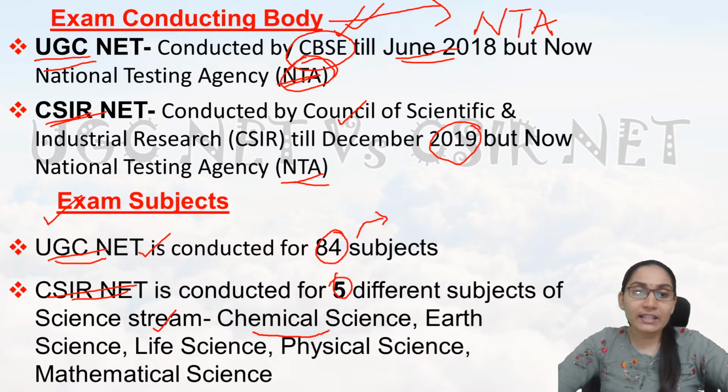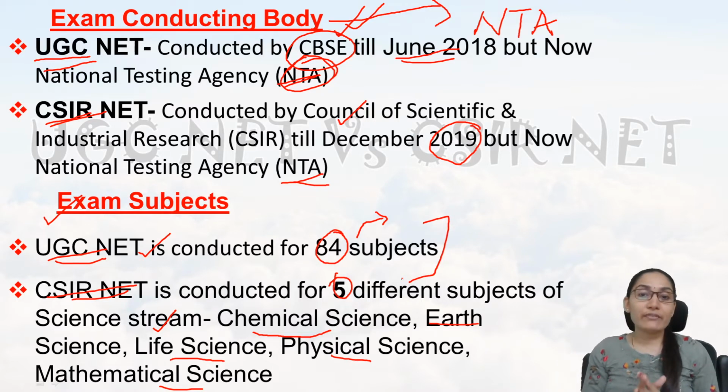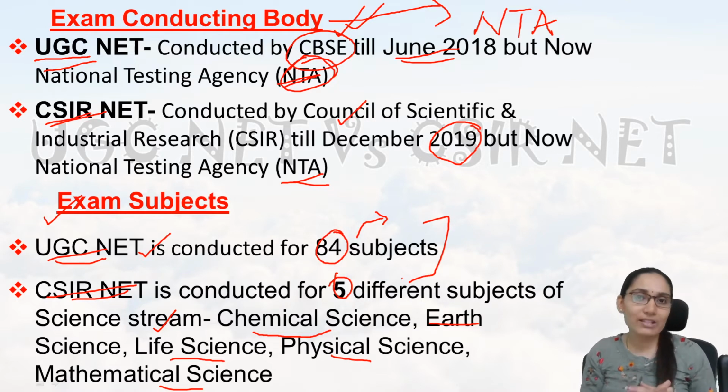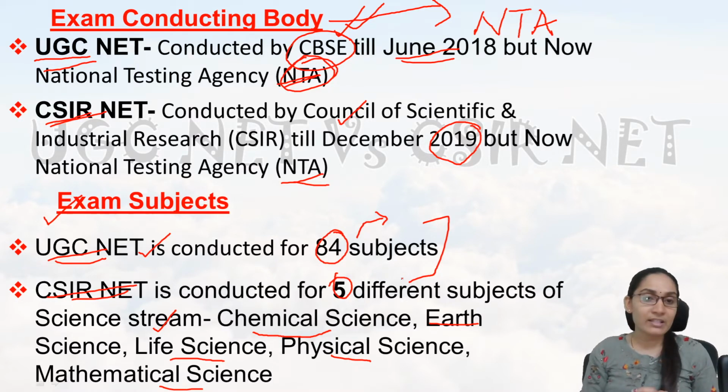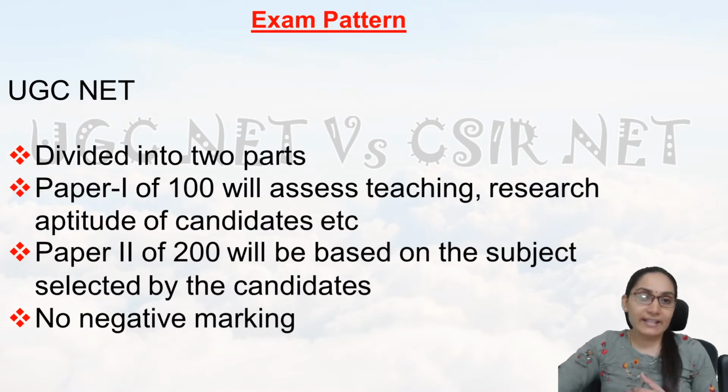These subjects are chemical science, earth science, life science, physical science and mathematical science. So this is the major difference: the UGC NET is conducted for a wide range of 84 subjects, whereas the CSIR NET is conducted only for 5 different subjects, and these 5 subjects are also from the science stream.